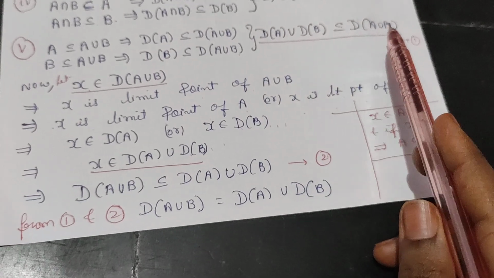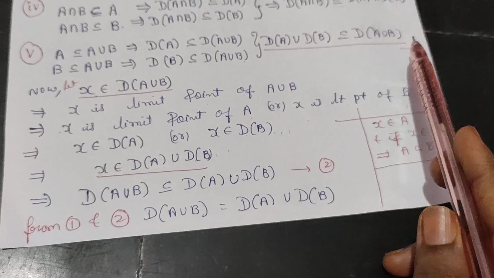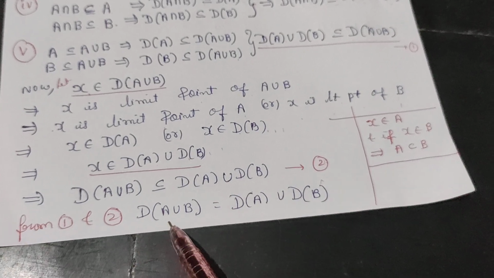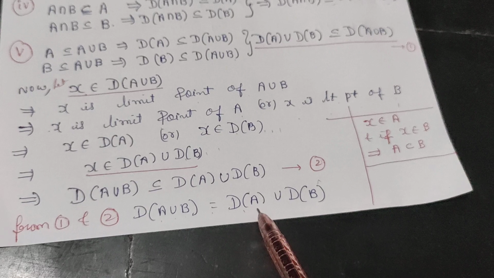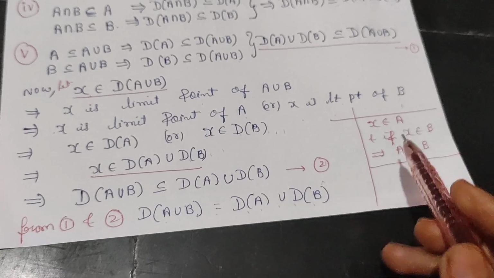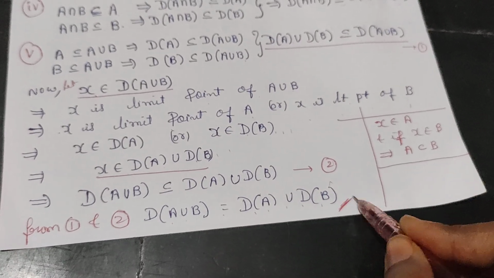Therefore from 1 and 2 we have D of A union B is equal to D of A union D of B. Hence the proof.